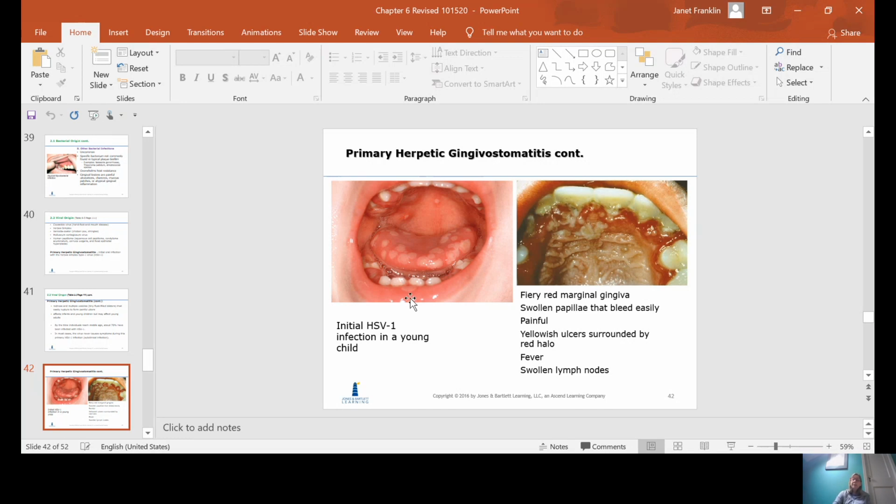Once the virus is in your body, it lies dormant and it is usually triggered by trauma or stress. Occasionally you will have a patient that has had scaling and root planing, and between the stress of the procedure and the trauma to the tissue and the mouth, they break out with some herpes lesions.